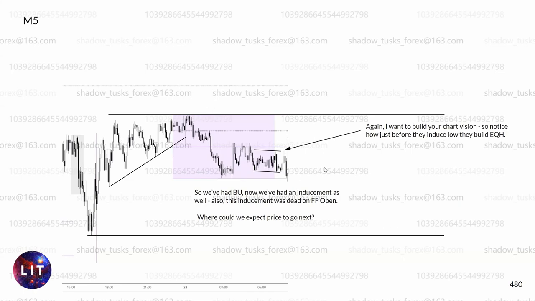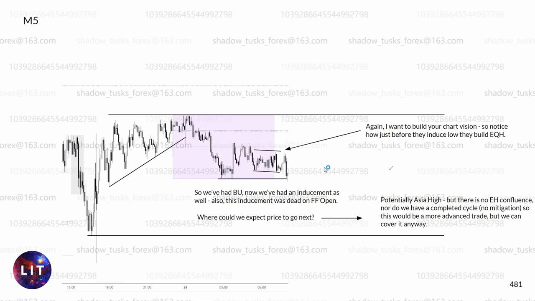So look, potentially Asia high, but there is no entry helper confluence, nor do we have a completed cycle. So obviously we'd love to get our mitigation like here, but as you can see, there's no mitigation. So this would be a more advanced trade, but we can cover it anyway.